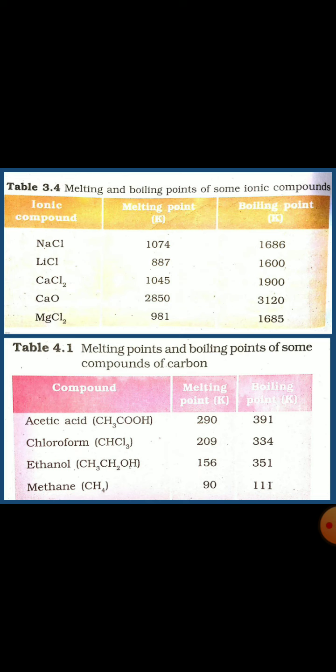So here we have ionic compounds like NaCl, LiCl, and many more. Melting points and boiling points are shown. Here, what do you observe from these two tables? I'm sure you can say that the melting points and boiling points of carbon compounds are less than the melting points and boiling points of ionic compounds.